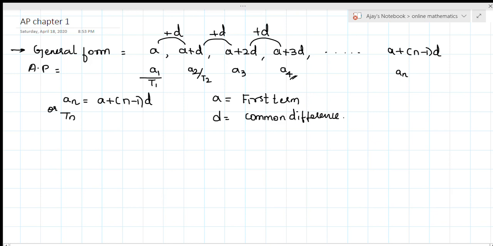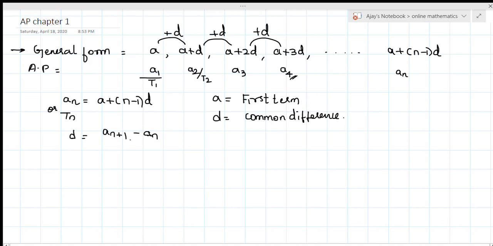The next formula you have to know is to find d. The common difference can be found as the difference between two consecutive terms of AP. an plus 1 minus an gives two consecutive terms of the AP.